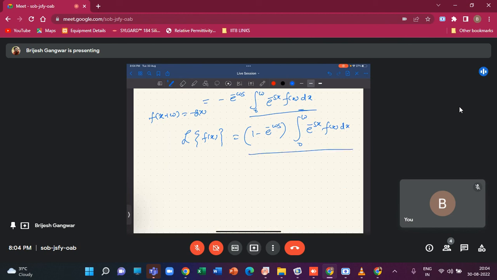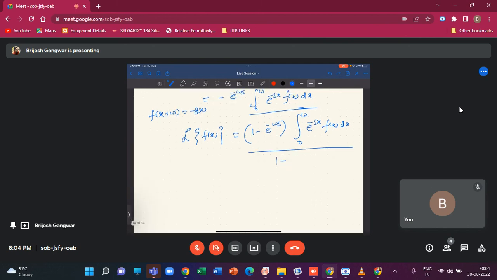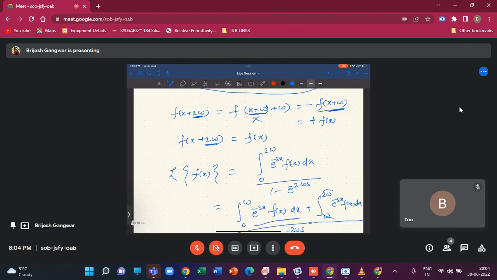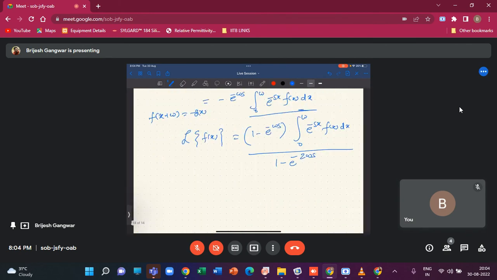Okay, upon 1 minus e to the power minus 2 omega s. In the formula it is 2 omega s. Okay, so here you can put 1 minus square.